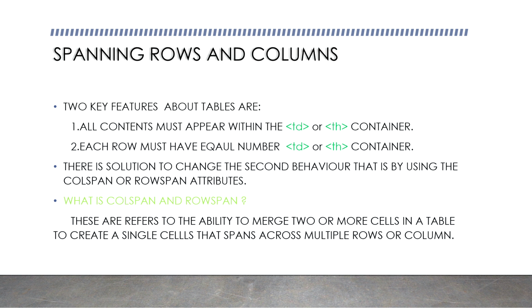What are colspan and rowspan? They refer to the ability to merge two or more cells in a table to create a single cell that spans across multiple rows or columns.